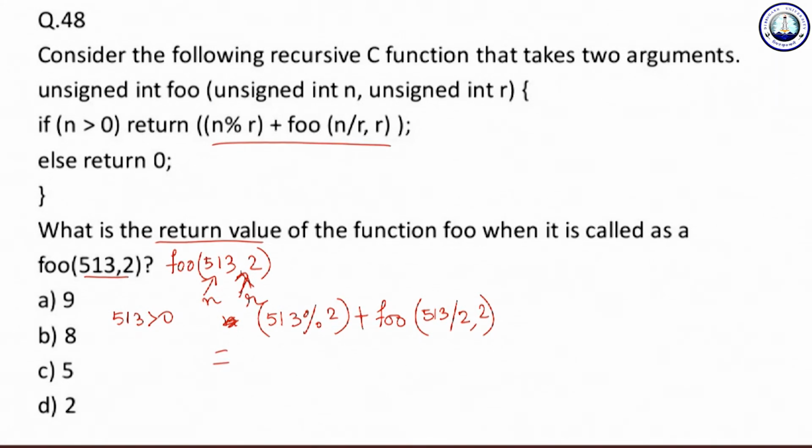So, here it will be 1 plus foo of 256, 2.